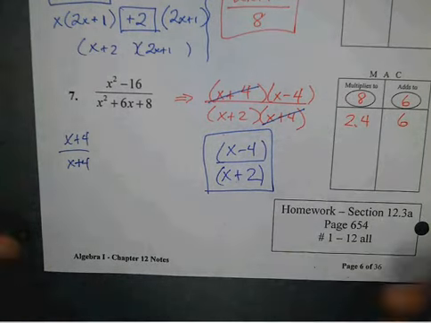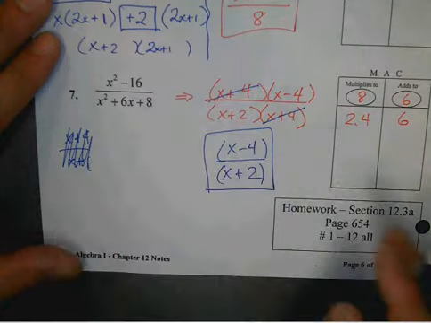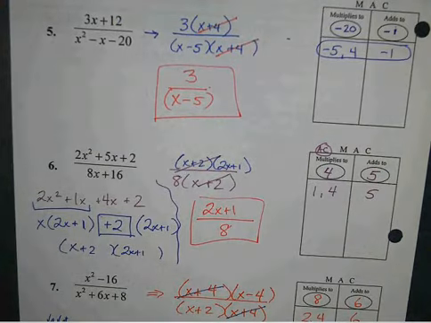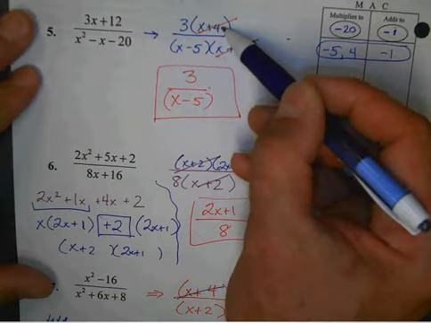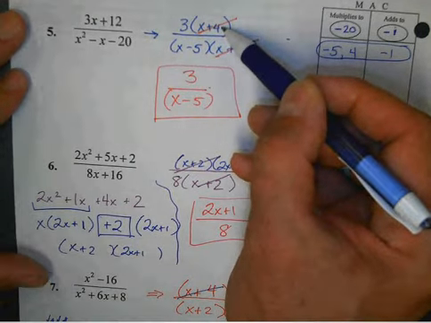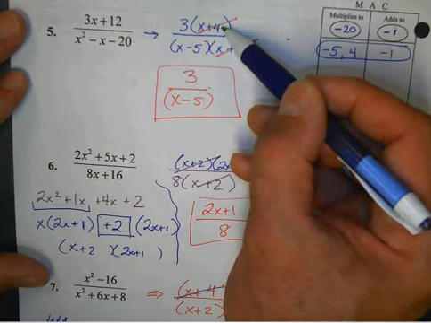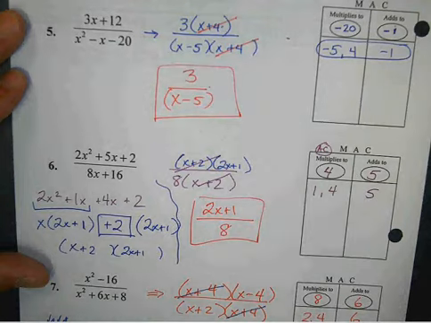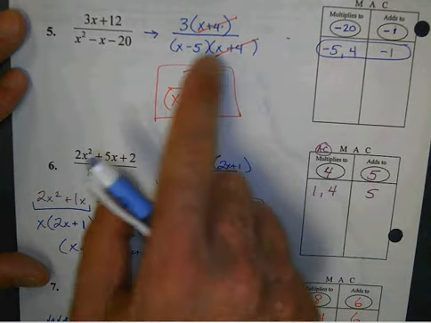Okay? Now, I want to go back to the top. Do you see how you have an x plus 4 there? Is it likely that one of the factors in the bottom is x plus 4? If it was x plus 4, you can think 4 times what is negative 20?